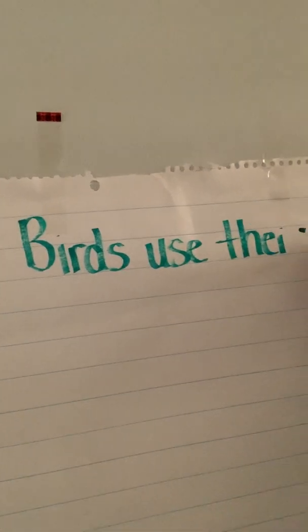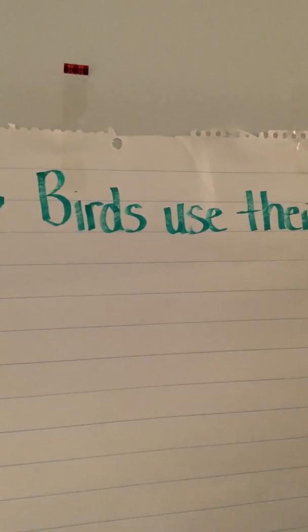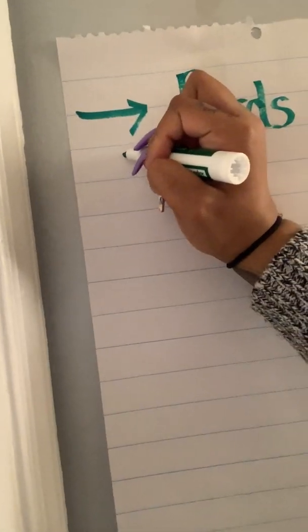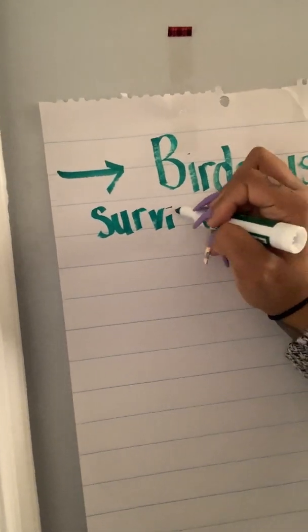Starting with a capital B, birds use their beaks to come down to the next line, survive in many ways.